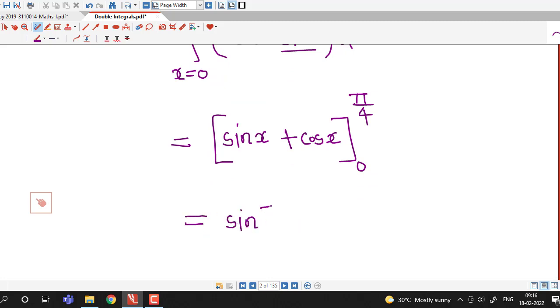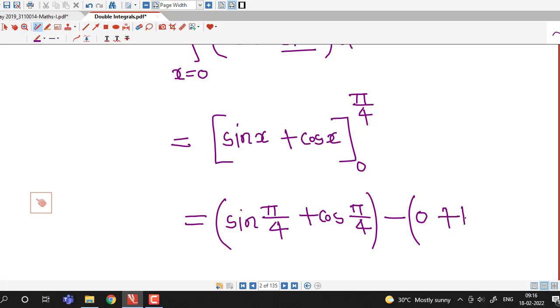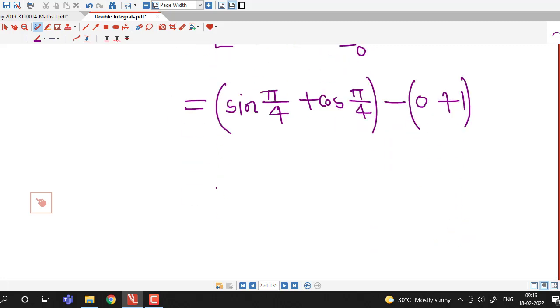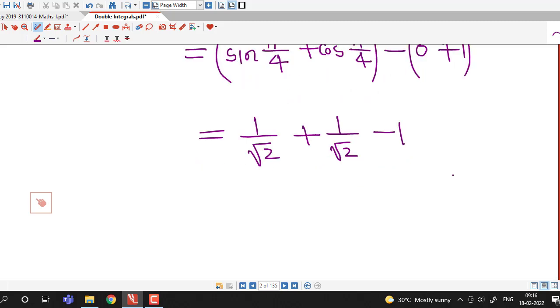So now we have sin pi by 4 plus cos pi by 4. This is for x equal to pi by 4, which is the upper limit, minus the lower limit: sin 0, which is 0, and cos 0, which is 1. Sin pi by 4 is 1 over root 2. Cos pi by 4 is also 1 over root 2, and minus 1.